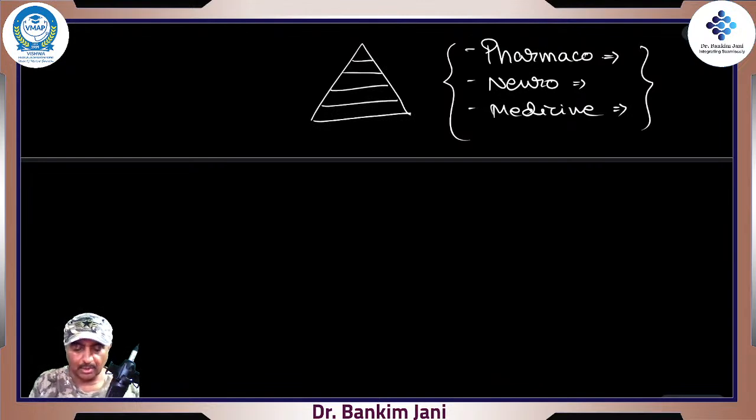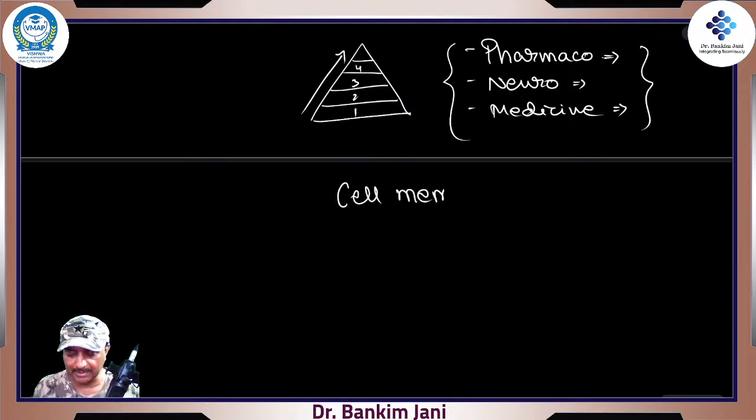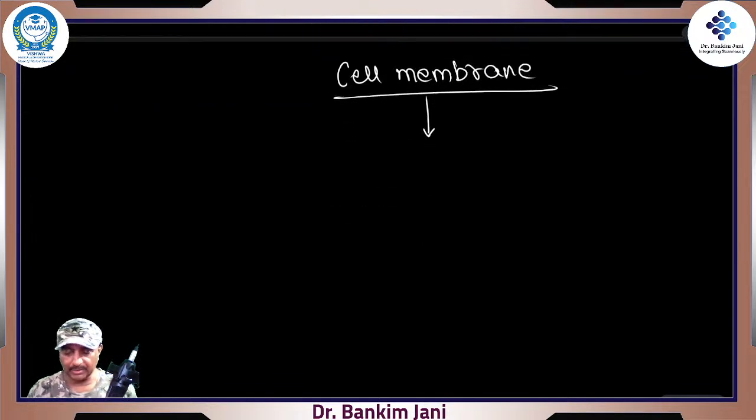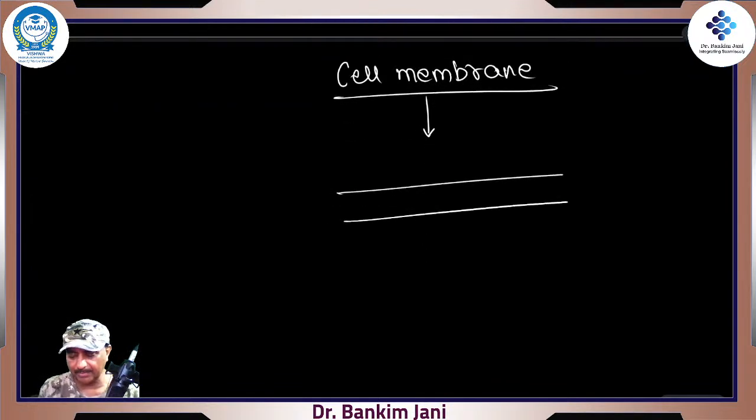I don't know how many sessions we'll be taking for receptors, right? That's why it has started with one. We'll go into three, so that is sure, and more as we learn more and more concepts. Fine. We'll be starting with that point which we already know. And what do we know? We know about the cell membrane. In the cell membrane, in a nutshell, what we got about the receptor is that this is the cell membrane, right?